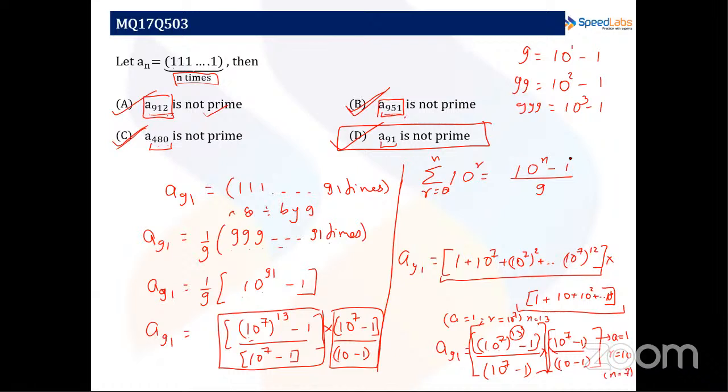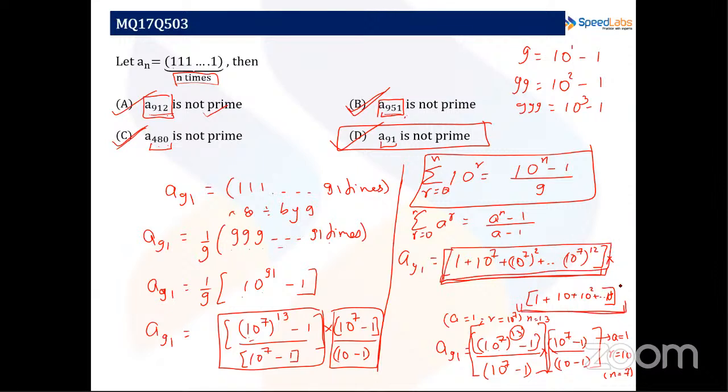From the general formula of GP, you will write it as a to the power n minus 1 upon a minus 1. So this we are having as a multiplication of two different GPs, and this is obviously a natural number and this is a natural number. So we can say that A91 is a product of two natural numbers. So it is a composite number and not a prime number.